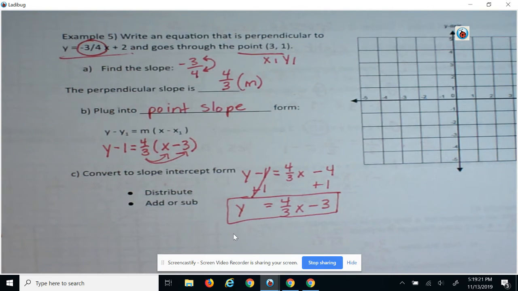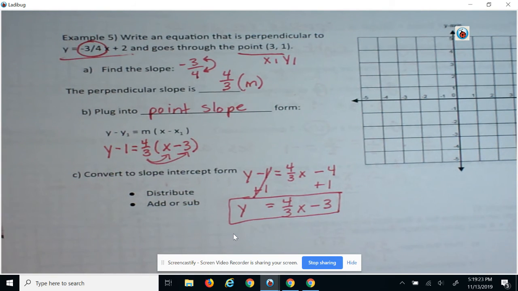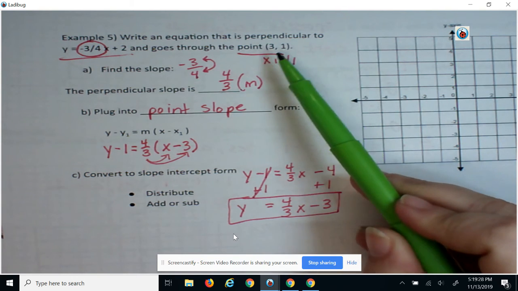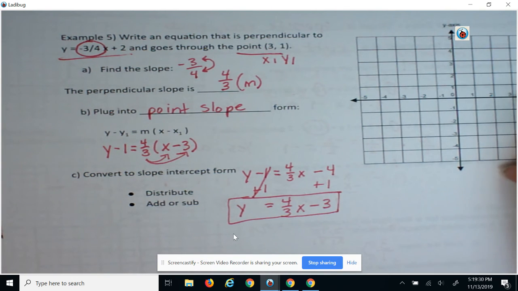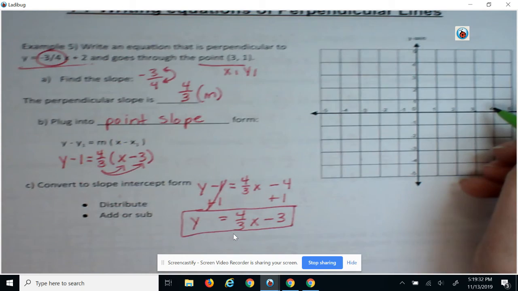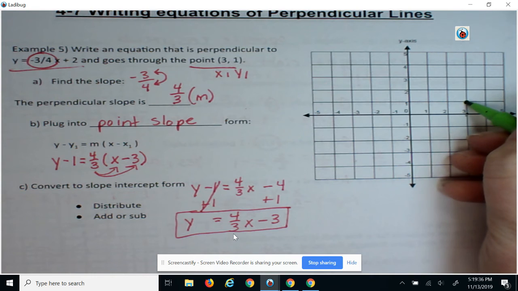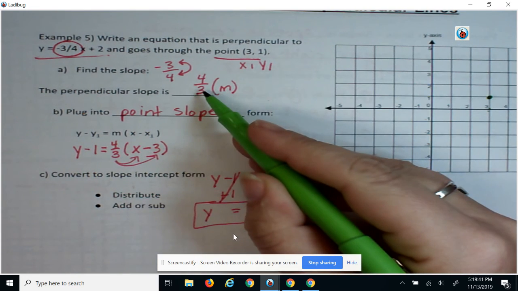If you would like to use the graph paper, remember we know our slope and we know our point. So start with your point. Graph 3, 1, x first. So we go over 3 and up 1 to plot our point. And our slope is 4/3.